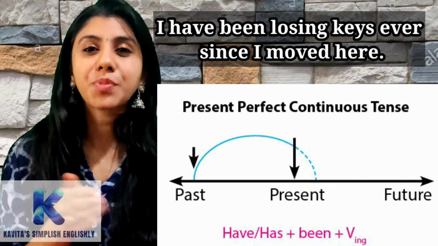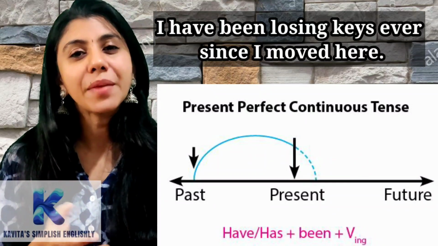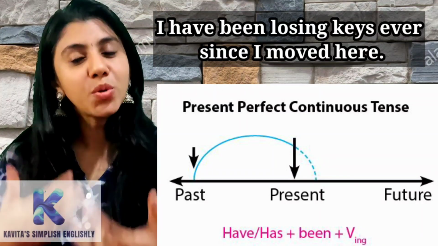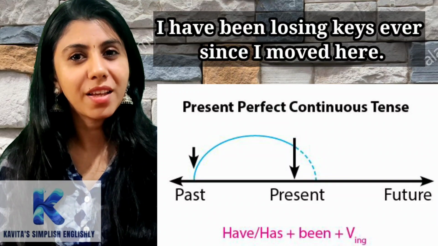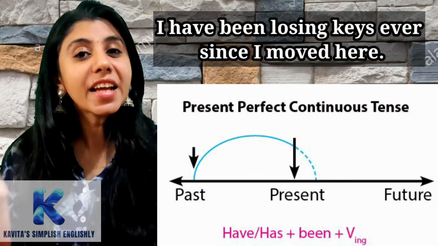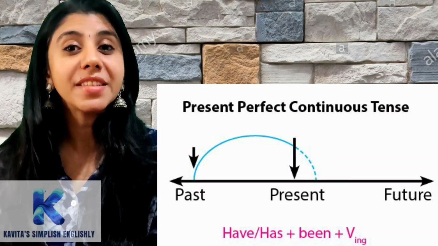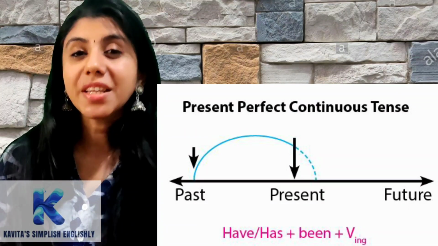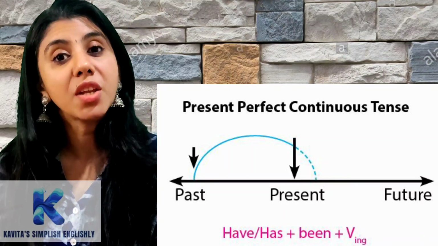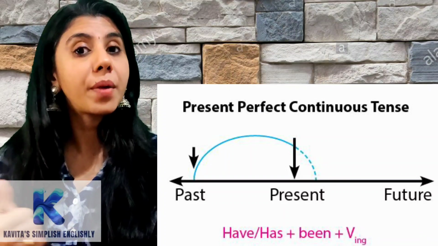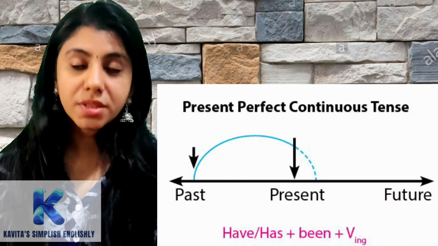It is a continuous process. Okay? Every time he takes the keys, he loses it. Yes? So, it's a continuous process and we use have been plus the ing form of the verb to indicate something has been going on from past to the present.